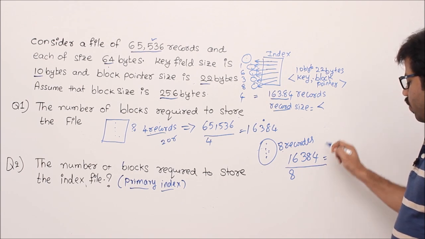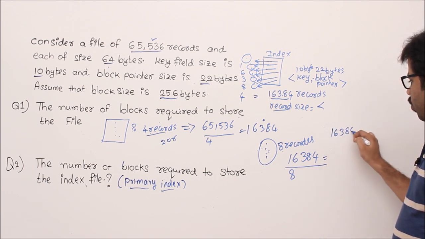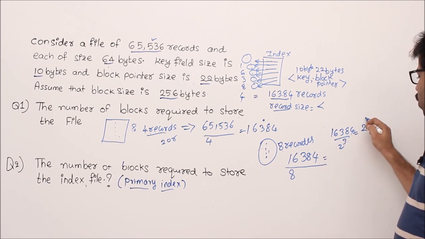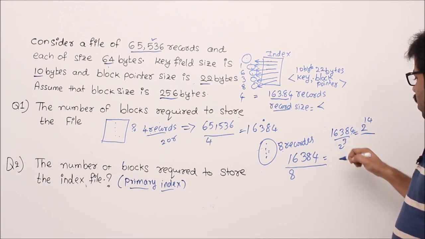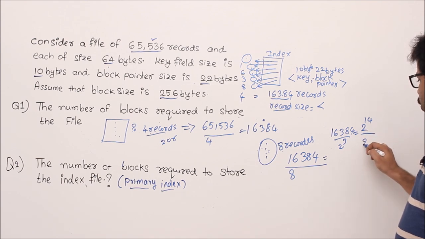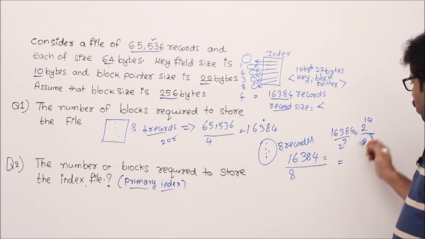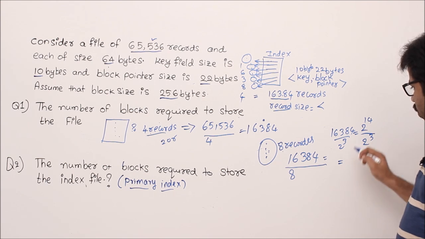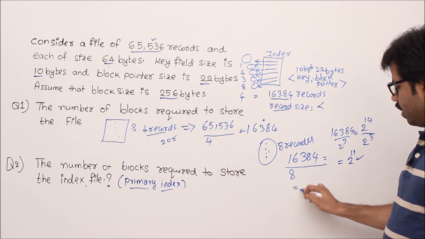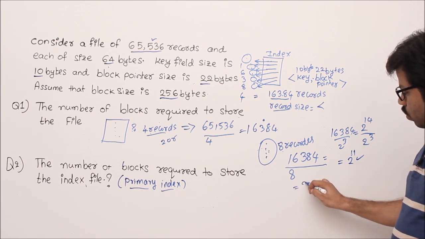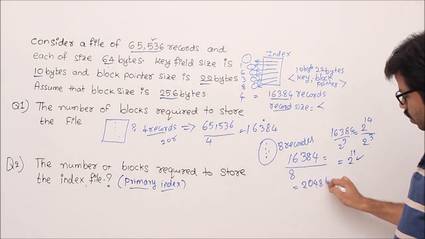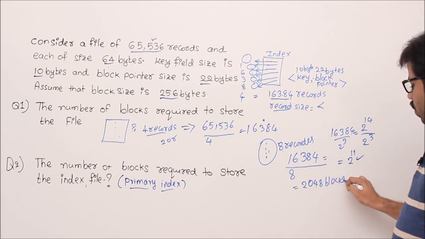It will be 16,384 by 2 cube. Actually 16,384 is 2 to the power of 14. So it is 2 power 14 by 2 cube, which is 2 power 11. So the answer is finally 2 power 11, which is 2048. So 2048 blocks. Yes, we got it.